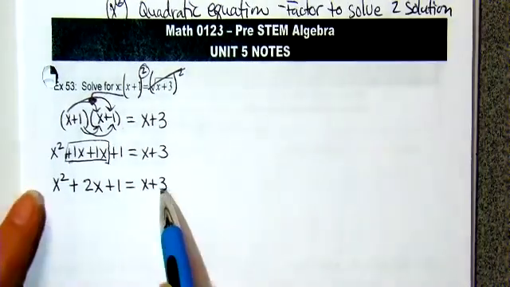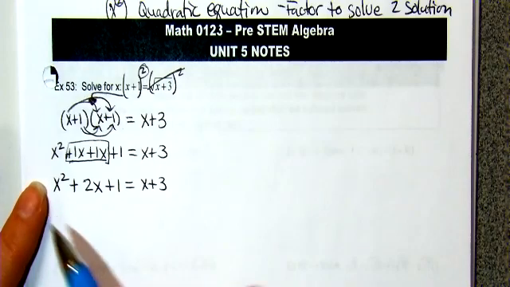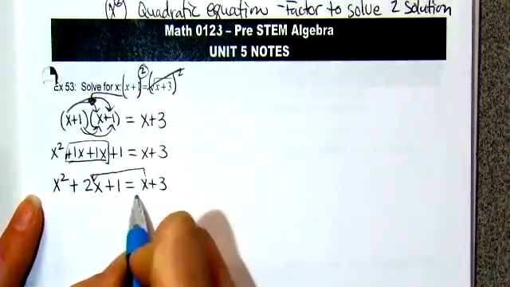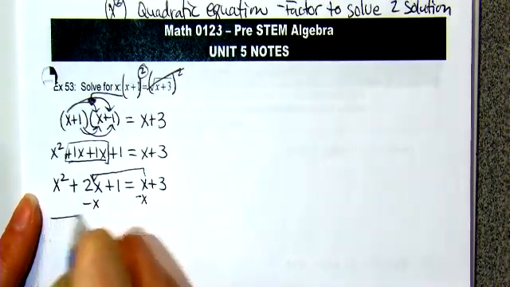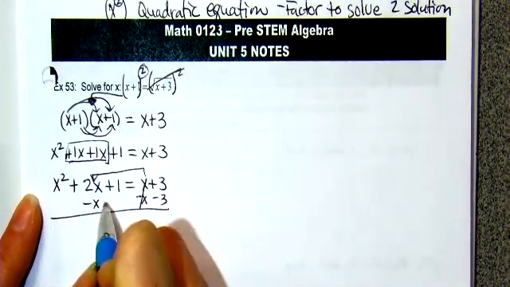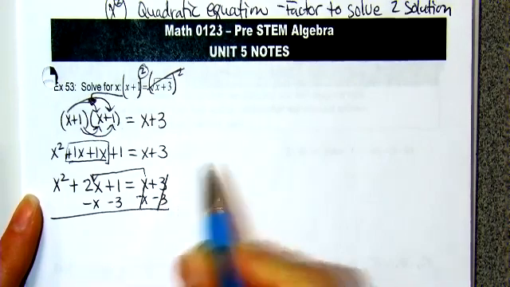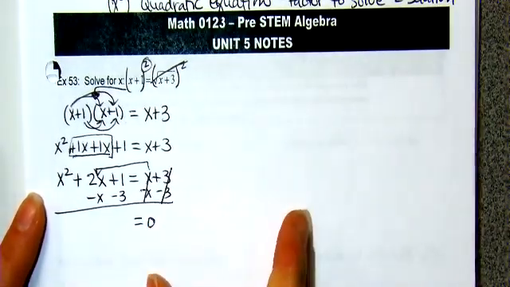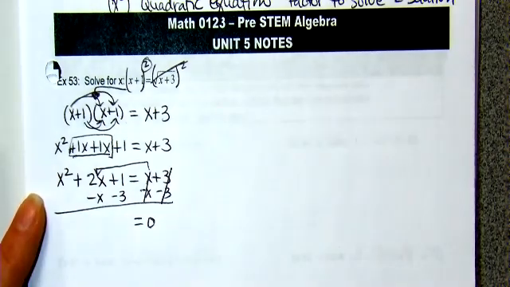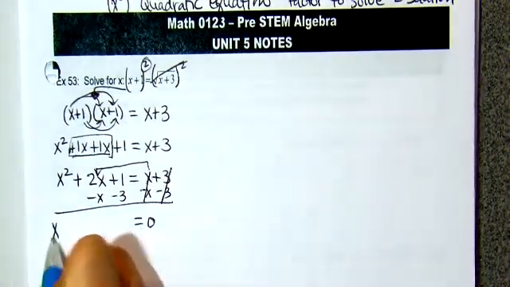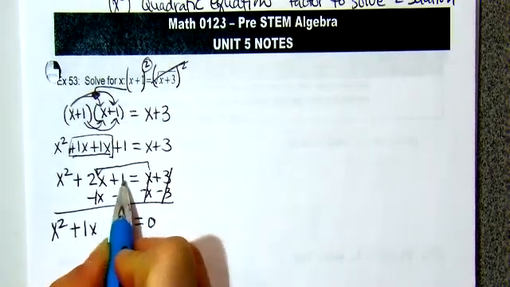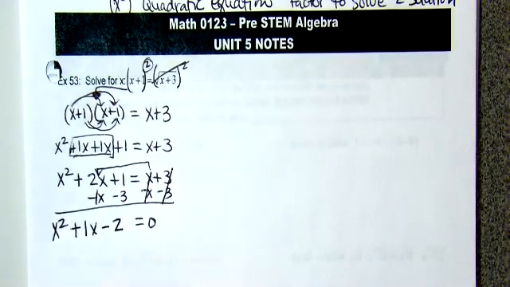So what that means is I have to get everything on the same side. I need to make just one polynomial. So I'd be subtracting x and subtracting 3 to zero out the right-hand side. And I chose to move everything to the left because my x squared is already on the left and it's already positive. So x squared, 2 minus 1 is a positive 1x, and 1 minus 3 is a negative 2.